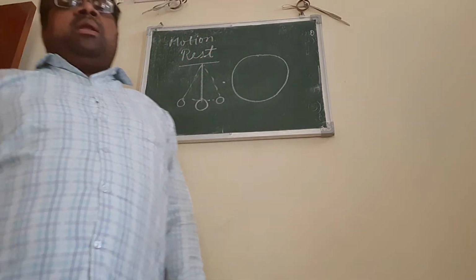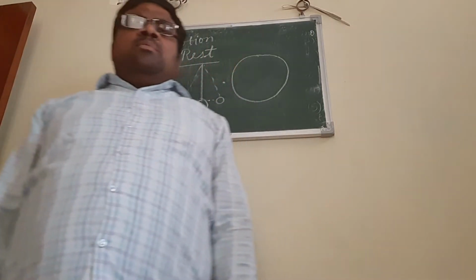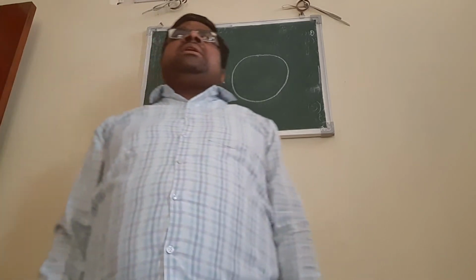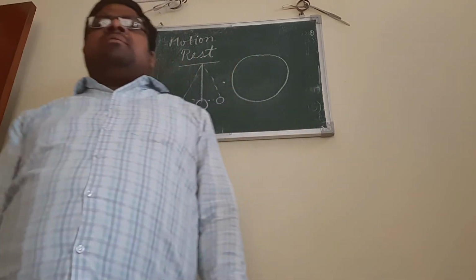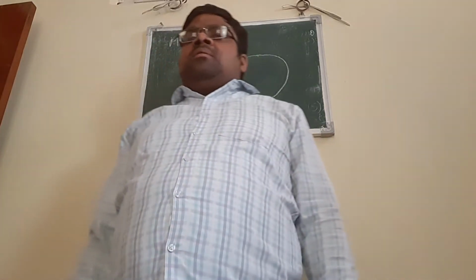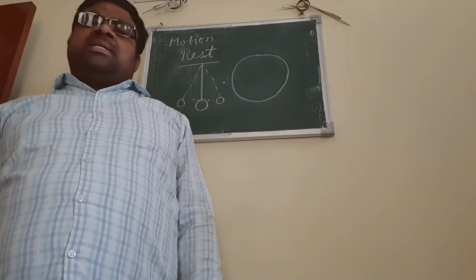Next is periodic motion, meaning the motion which is repeated after a regular interval of time. It is called periodic motion. For example, the rotation of the earth on its axis.